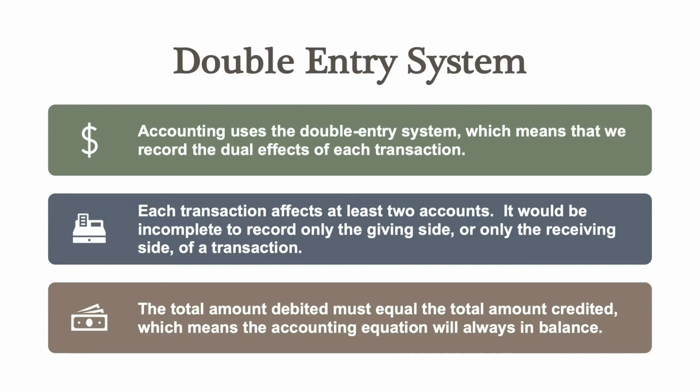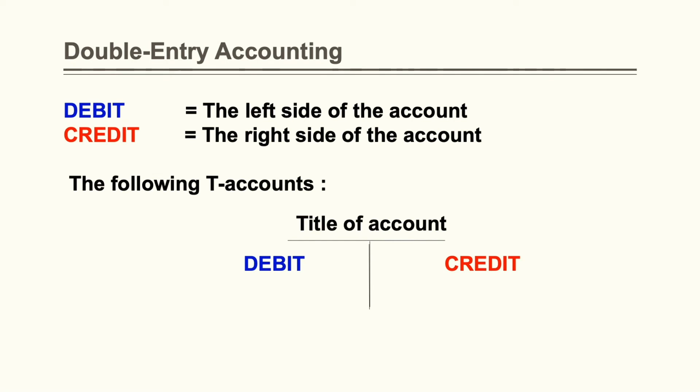So each transaction affects at least 2 accounts. Setiap urus niaga akan memberi kesan kepada 2 akaun. It would be incomplete to record only the giving side or only the receiving side of a transaction. So the total amount debited must always equal the total amount credited, which means the accounting equation will always be in balance. Jumlah debit sentiasa sama dengan jumlah kredit.